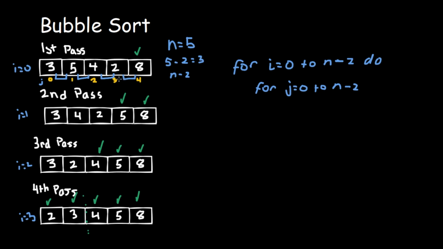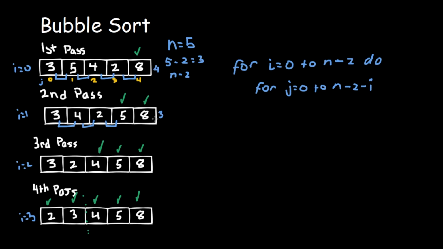So this would be j equals 0 to n minus 2 minus i. That's because for the second pass, we had 1, 2, 3 comparisons, but not the 4th. So for each iteration, we subtract i. Does that make sense?